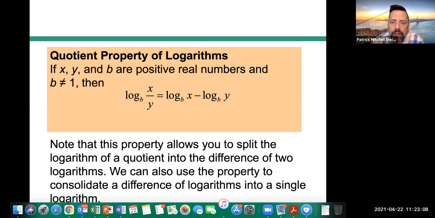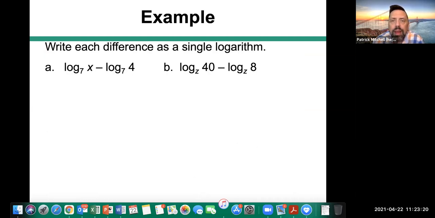Note that this property allows you to split the logarithm of a quotient into the difference of 2 logarithms. We can also use the property to consolidate a difference of logarithms into a single logarithm. So that's what we're going to be doing here. Write each difference as a single logarithm. Log base 7 of x minus log base 7 of 4.